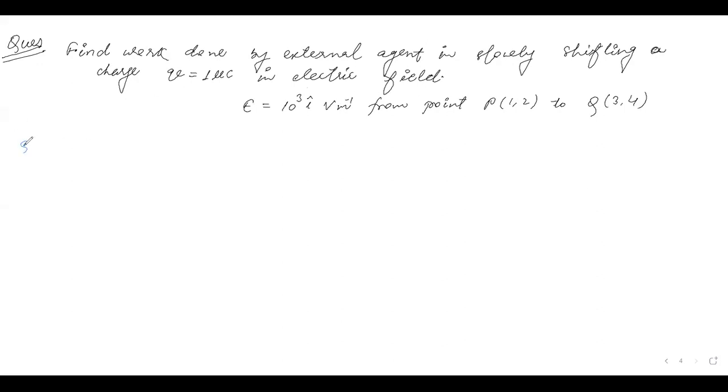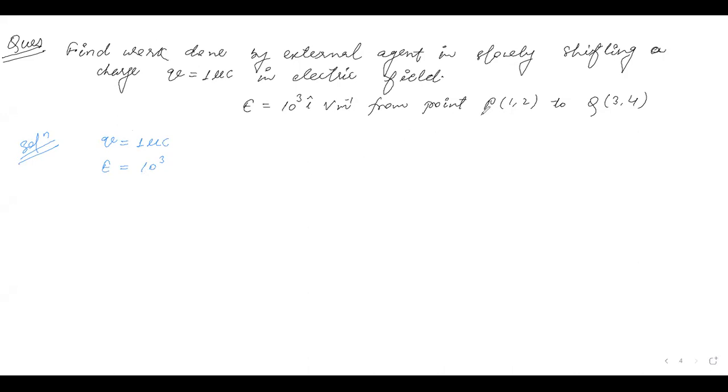And now we are going to solve it. What is the solution? Two to three pieces of information are given here. The value of charge is given here, Q is equal to 1 microcoulomb, and the value of electric field is given as 10 to the power 3, right?